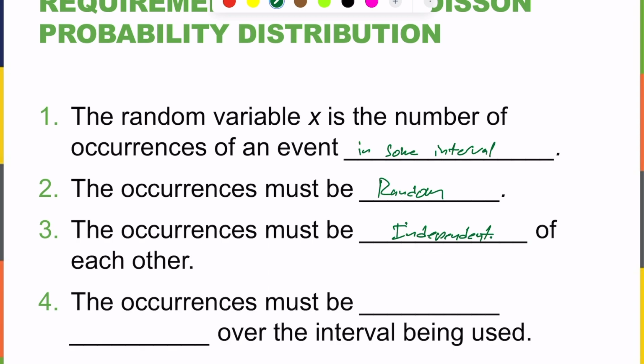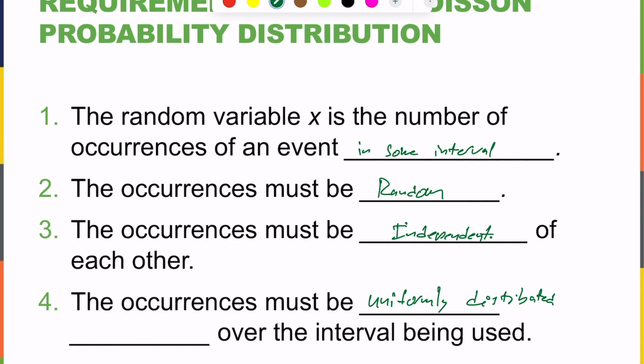The occurrences must be independent of each other, meaning one does not depend on the other. And the occurrences must be uniformly distributed.